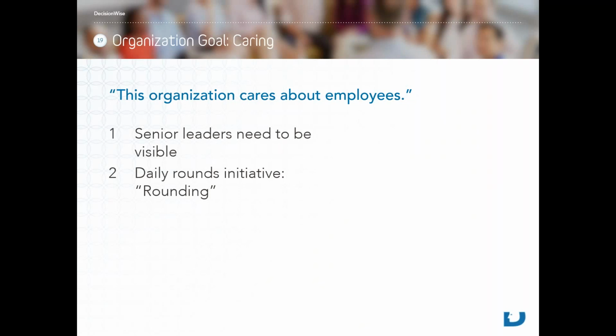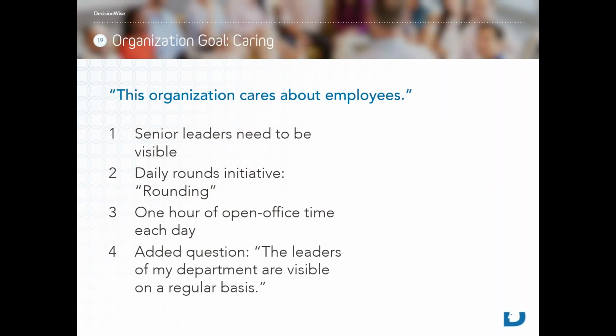They came up with an initiative called Rounding, where leaders would get out and about and spend time every day meeting with their employees, seeing what's going on and trying to be more supportive. They also established one hour of open office time each day where they were available for employees to come in and talk to them, because the perception was that they were always in meetings and no one could ever talk to them about anything.